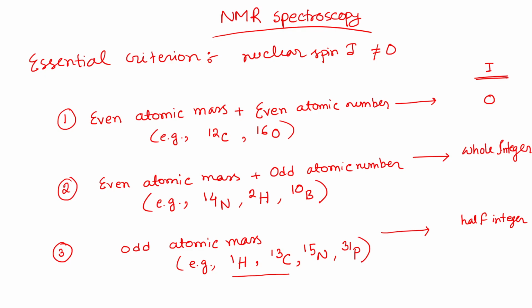In this case, you have to work with the nuclear spin angular momentum, which is given by the square root of I into I plus 1, multiplied by h cut.